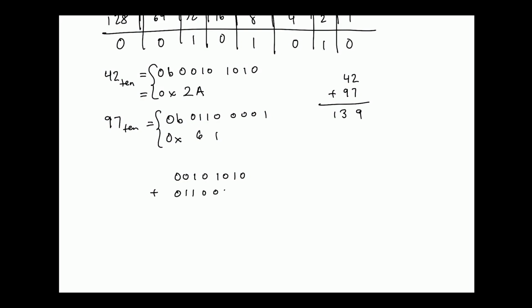I'm just writing down the binary that we got earlier. This process works exactly the same as it did in grade school, but you have 2 fingers instead of 10. So what is 0 plus 1 in the first place? 1. What are the 4 possibilities that we could have had there? 0 plus 0, which is 0.